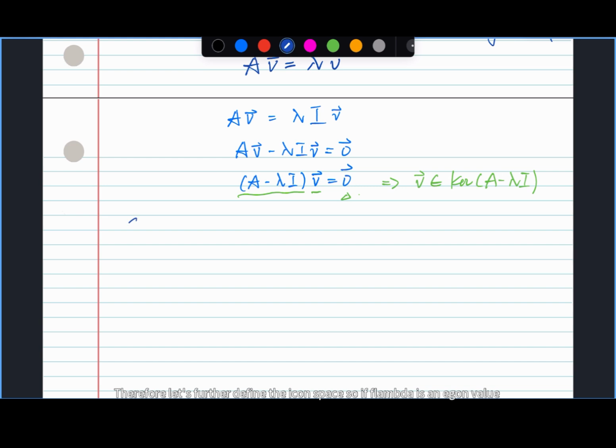So therefore, let's further define the eigenspace.